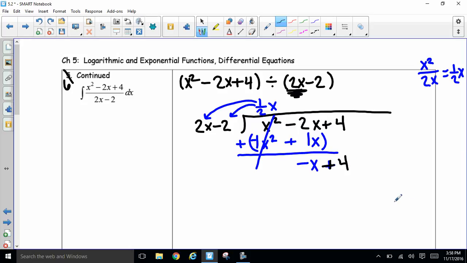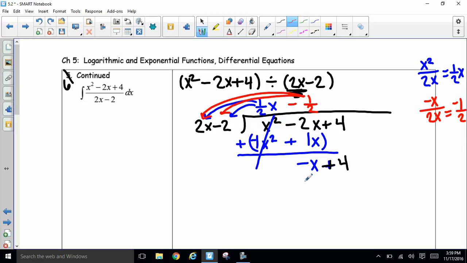Okay, now I need to figure out what is negative x that I see down here divided by 2x. That's going to be negative 1/2. So I put negative 1/2 up on top, and then I distribute over here and multiply.